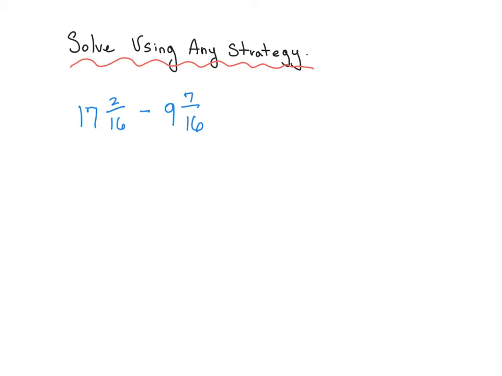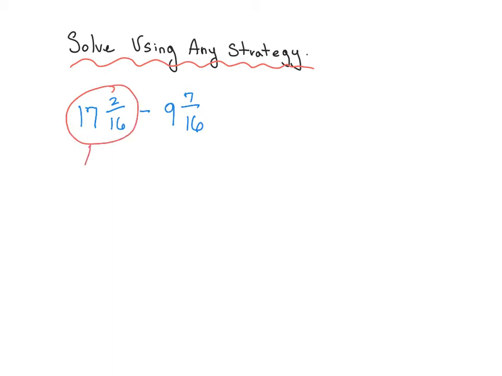I'm going to go with the strategy that we've learned today, which is decomposing the first number and taking that whole and adding it onto the next fraction that we're attached to. So 17 2/16, take away 9 and 7/16. I'm going to break down 17 and 2/16.